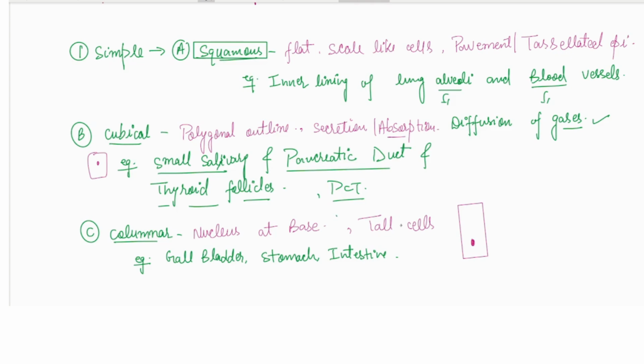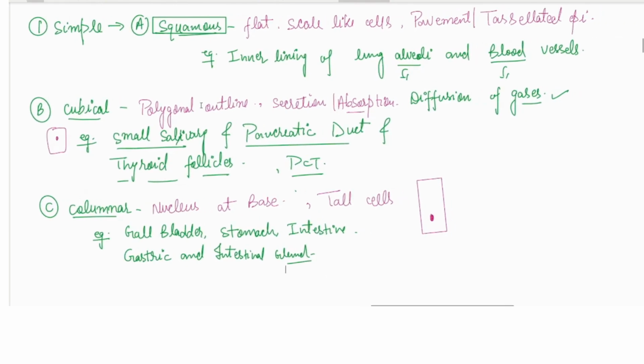Also present in the gastric and intestinal gland. So these are the places in which this column shape would be present.